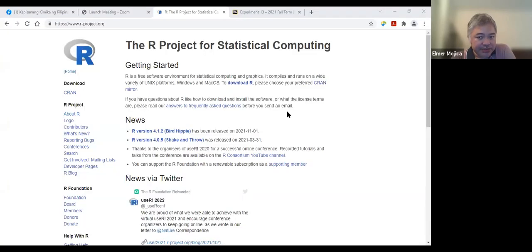I'm not sure if there is someone who has used it already there in IC, but I met, who's that? Professor Tapia. Pero ang ginagamit ata nila, Python ata. That's the one that they're using. R is mostly used. I have a friend here in PACE.